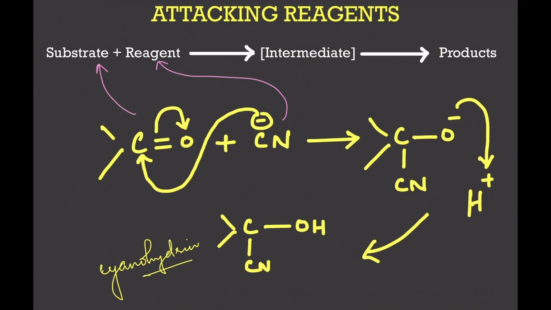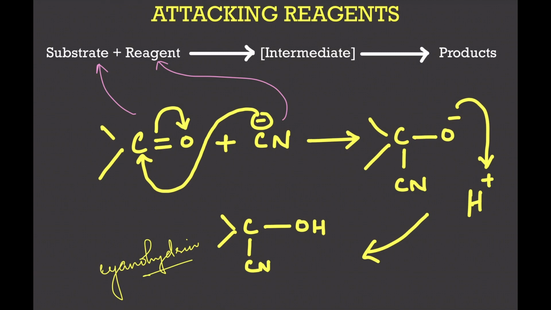On the other hand, when the substrate and the reagent will react, they will give rise to an unstable intermediate, as I told you earlier that it has a very short lifetime and it decomposes immediately to give us the product. So in general, any chemical reaction can be represented by this simple picture, that substrate plus reagent gives us an intermediate, which in turn gives us a product.